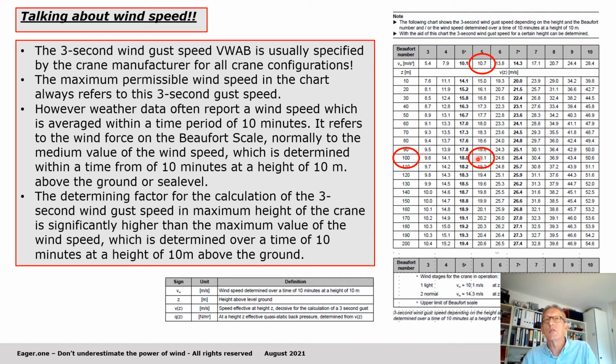So there is quite a difference in using this 3-second wind gust speed at the height of the boom tip. And it's of course important that, when you are checking your wind speed, you use this figure at the height of the boom.